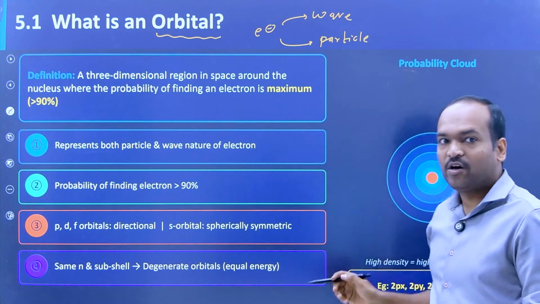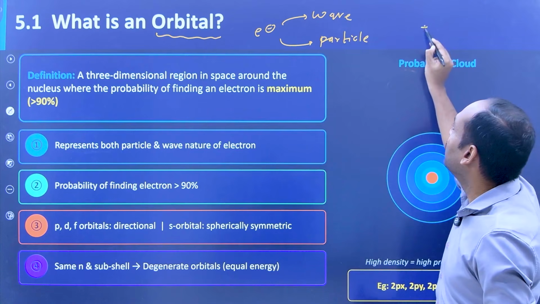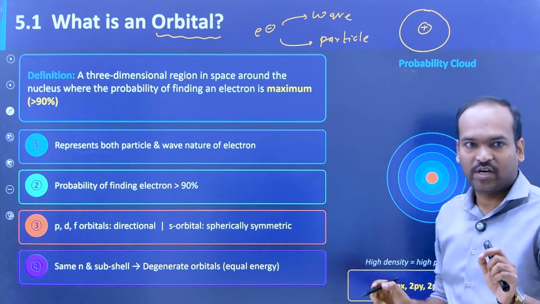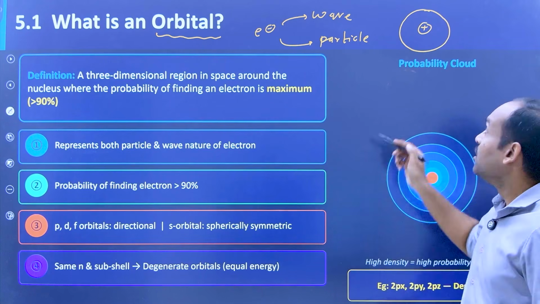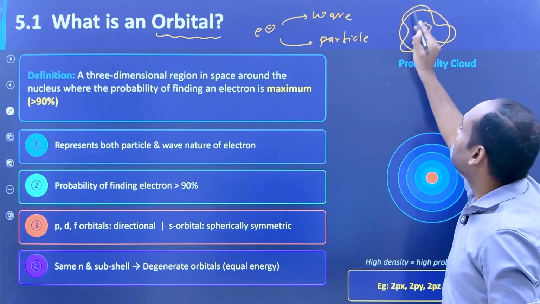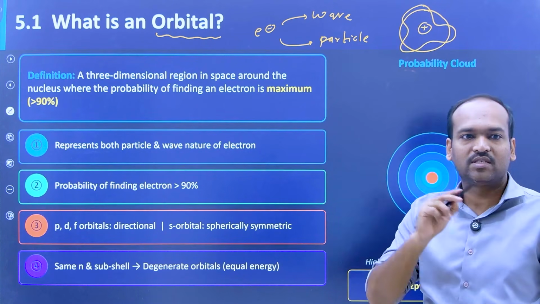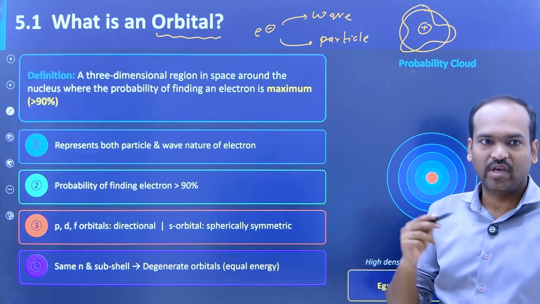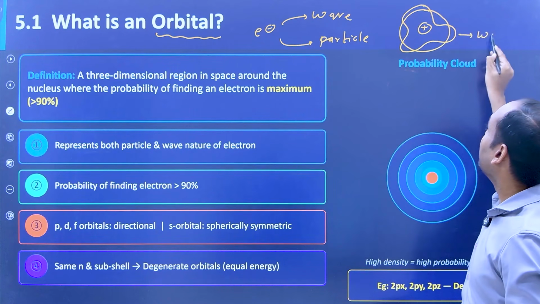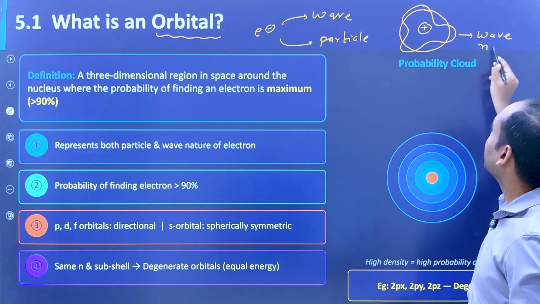What is the meaning of particle nature? Suppose the electron is revolving around the nucleus; this is the path of the electron, a fixed path. But according to wave nature, the electron is moving around the nucleus, and this is the wave nature it is showing, beta.